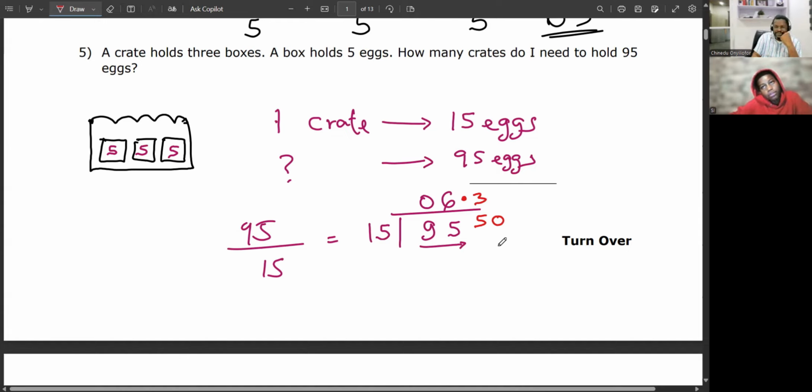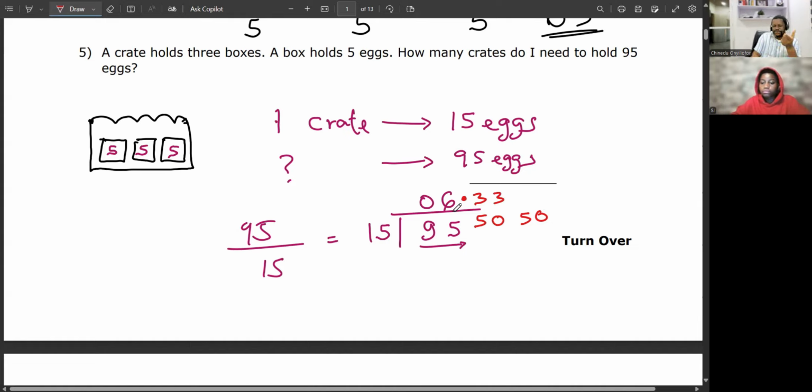Remainder 5. Okay, I'll put another 5 here and another 0 here. How many 15 in 50? 3. You will notice that's going to be 3, 3, 3, 3, 3, right? In terms of decimal.